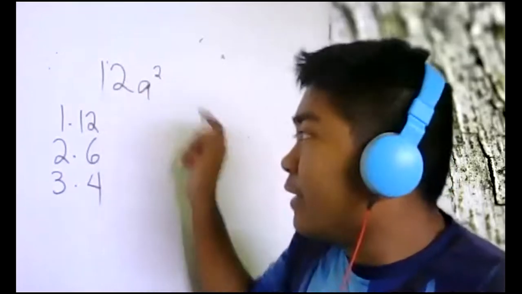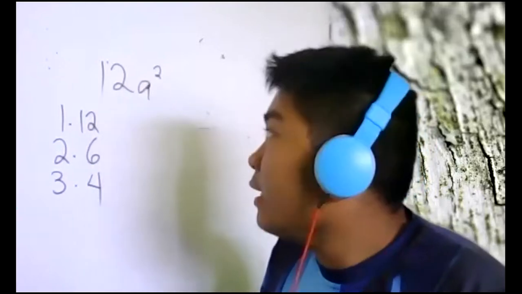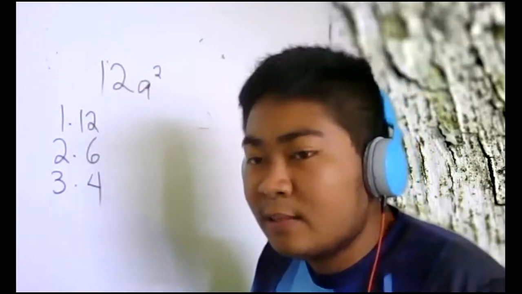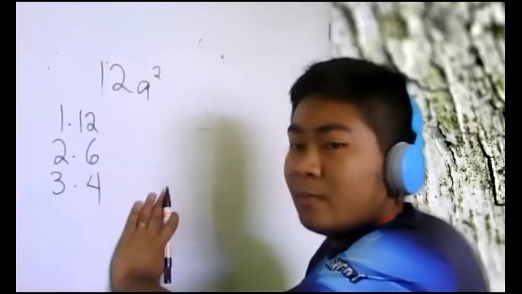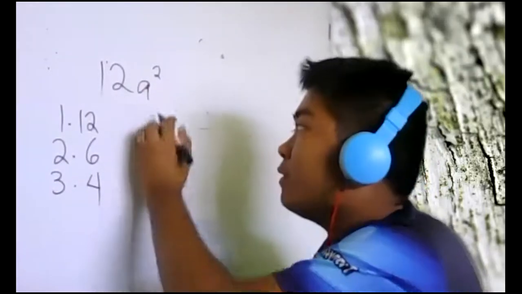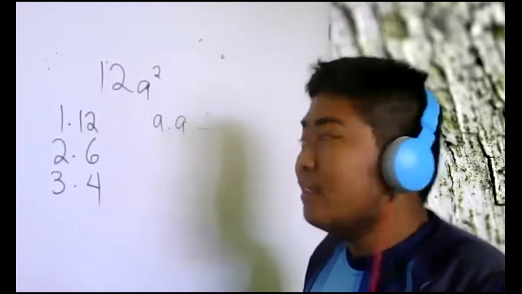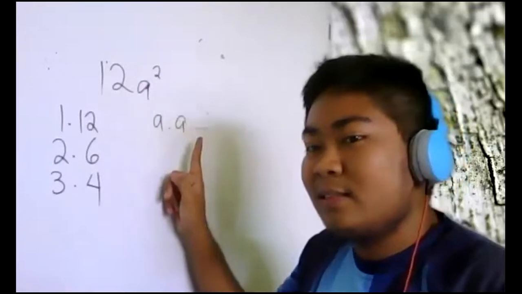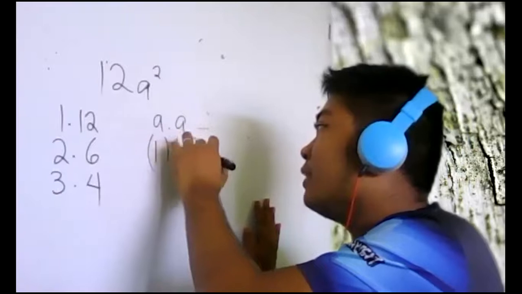So, yung a na to, ay try natin to factor out. Ano yung pwede maging factor ni a? Di ba? A times A lang naman yan. Kasi dalawang A lang naman. Or pwede rin na 1 times A squared.